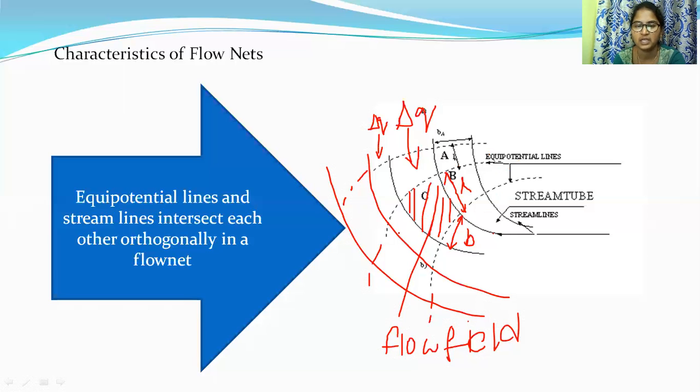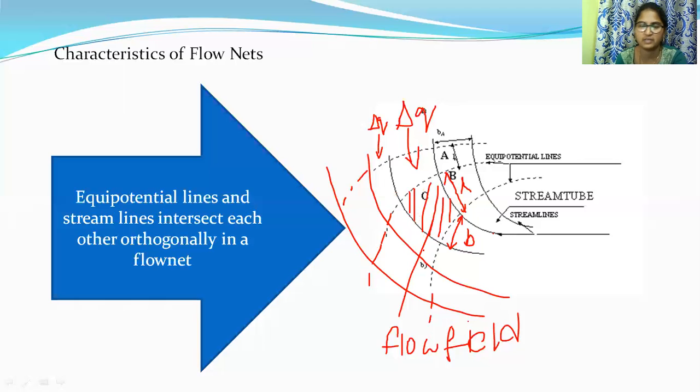There can be no flow across a flow line, and the velocity of flow is always perpendicular to equipotential lines.